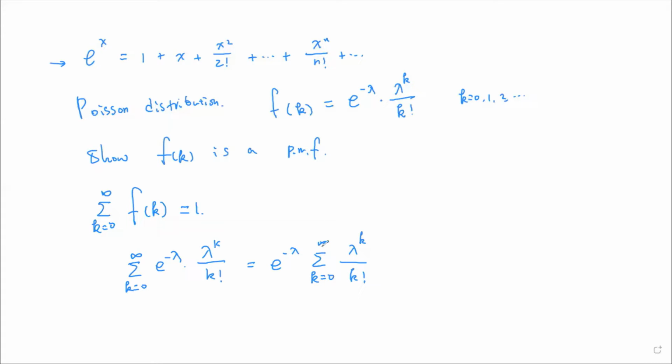But then you see, that's exactly what we have here. Change this x to lambda. So this is just e to the lambda. So we have e to the negative lambda times e to the lambda that equals 1. Okay, so by that we showed that this is indeed a probability mass function.